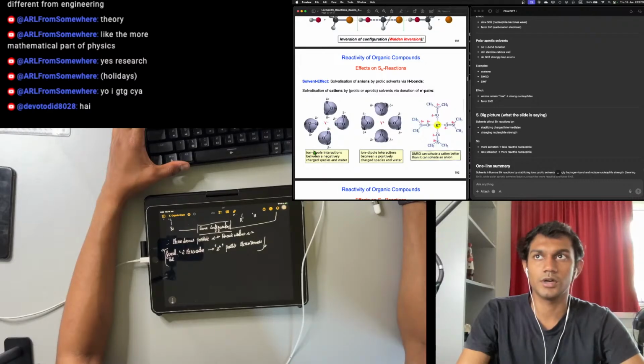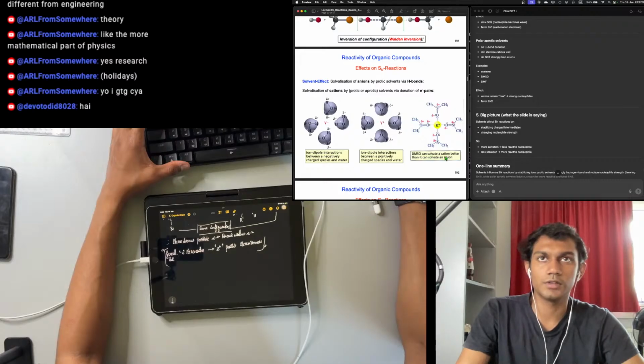So if it's an ion-dipole interaction between a negatively charged species and water, the hydrogen atom, which is positive, surrounds the negatively charged species.